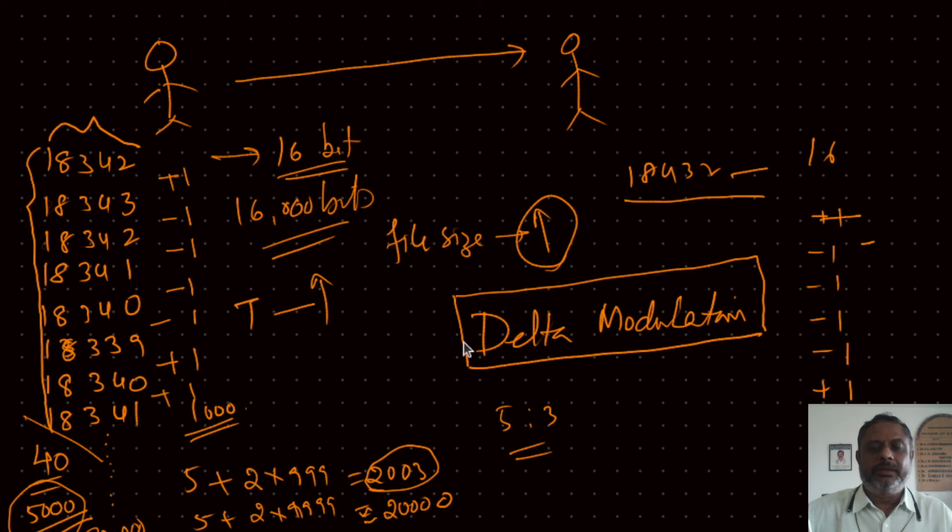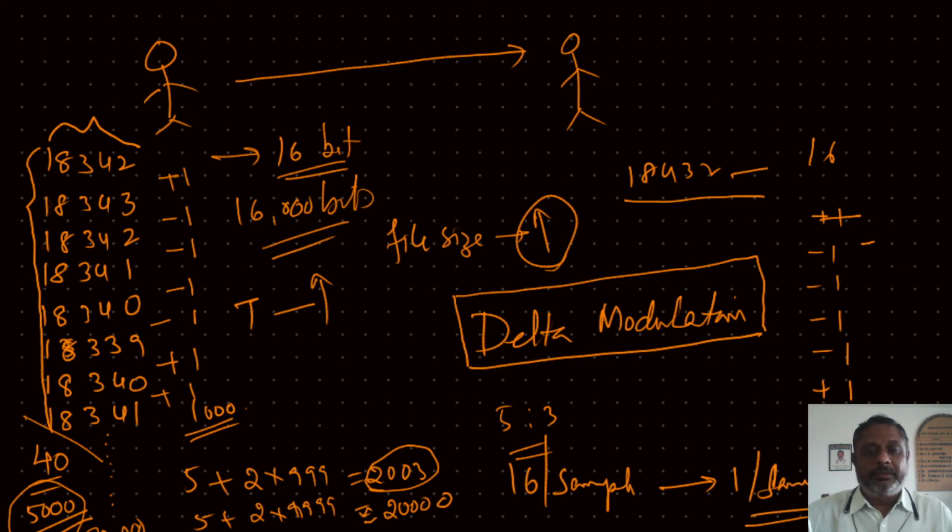So there is an input given to it, and from the input you get output as +1, -1 from this delta modulation. Only +1, -1 you need to send for each sample. Whereas 5 digits were there per sample, 16 bits were there per sample, now it is 1 bit per sample. So the 16 bits per sample is converted into 1 bit per sample.